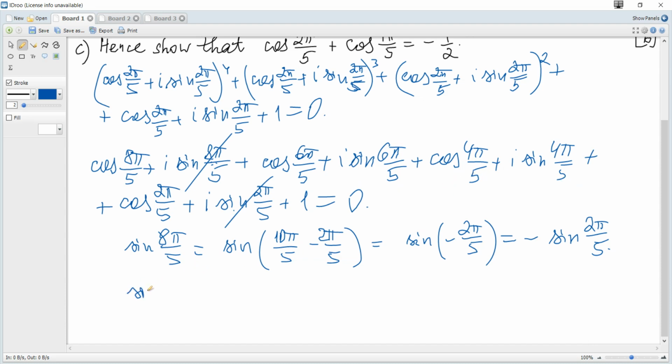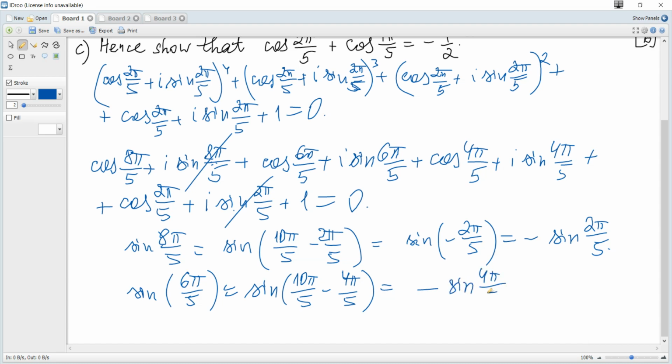Sine of 6 pi over 5 is the same as sine of 10 pi over 5 minus 4 pi over 5, and similarly it's sine of negative 4 pi over 5, so it's minus sine of 4 pi over 5, so these also cancel.